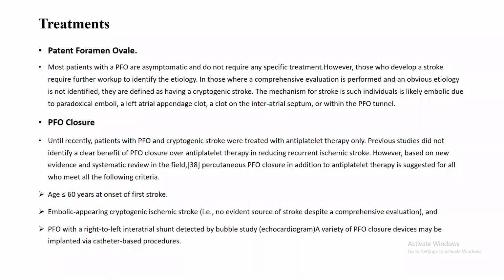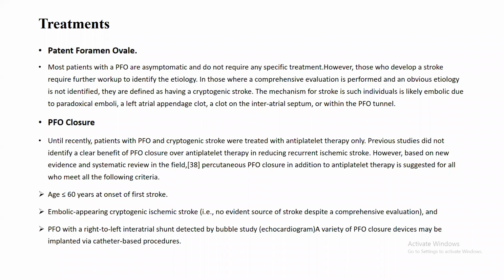PFO closure. Until recently, patients with PFO and cryptogenic stroke were treated with antiplatelet therapy only. Previous studies did not identify a clear benefit of PFO closure over antiplatelet therapy in reducing recurrent ischemic stroke.